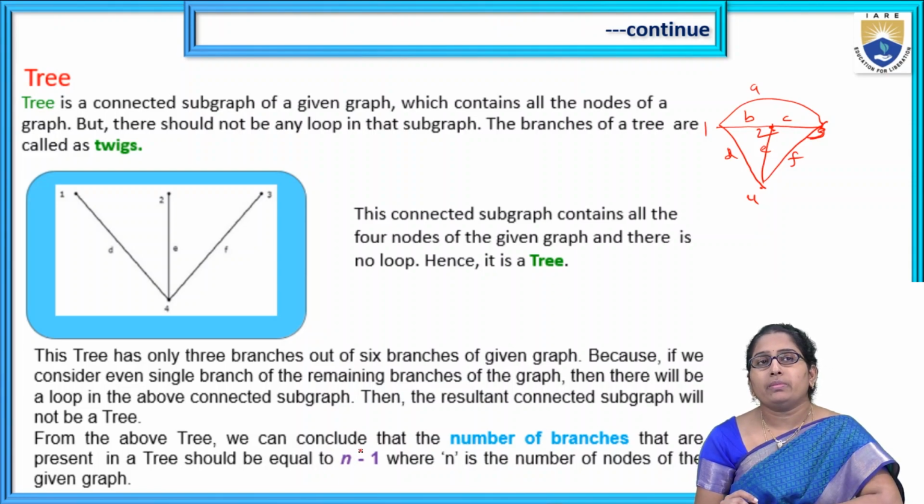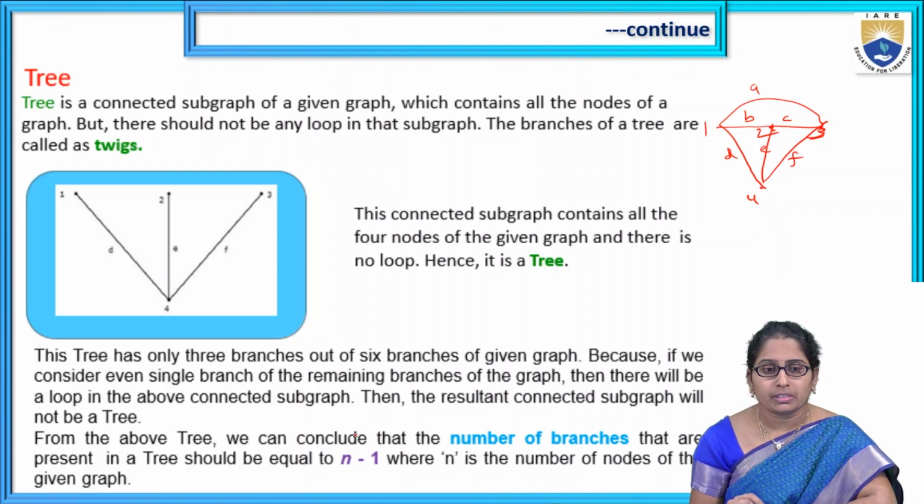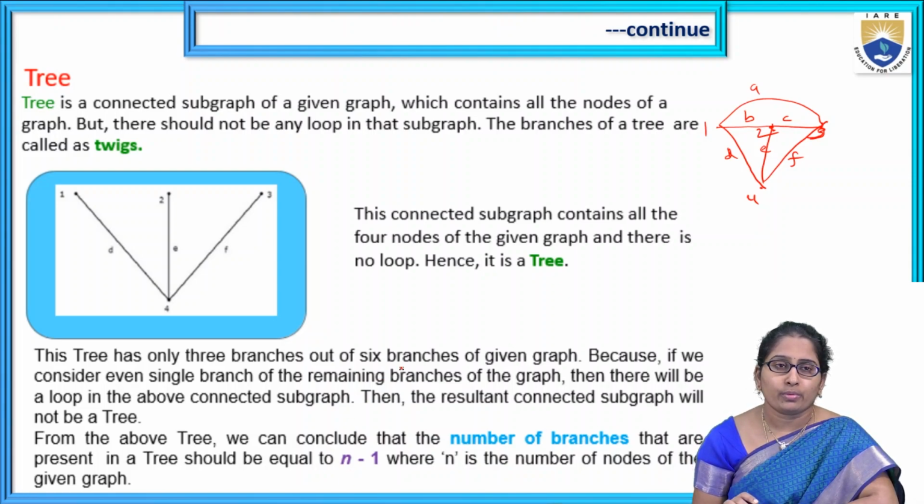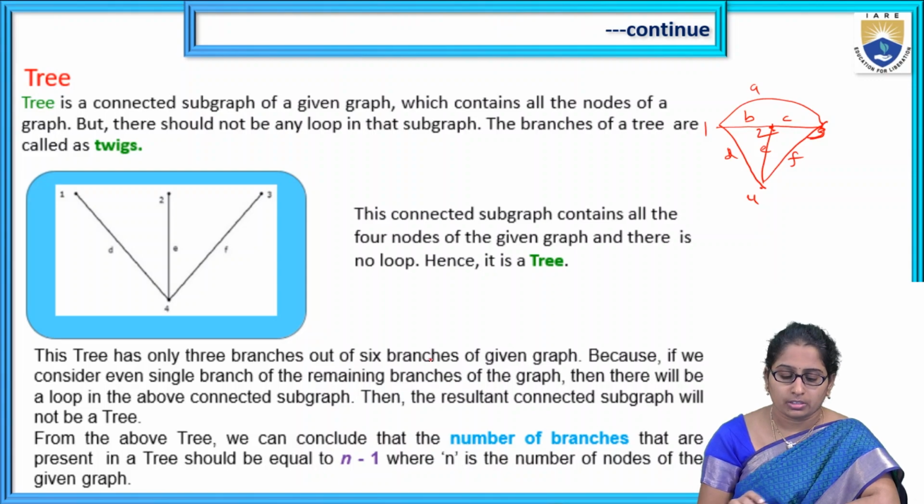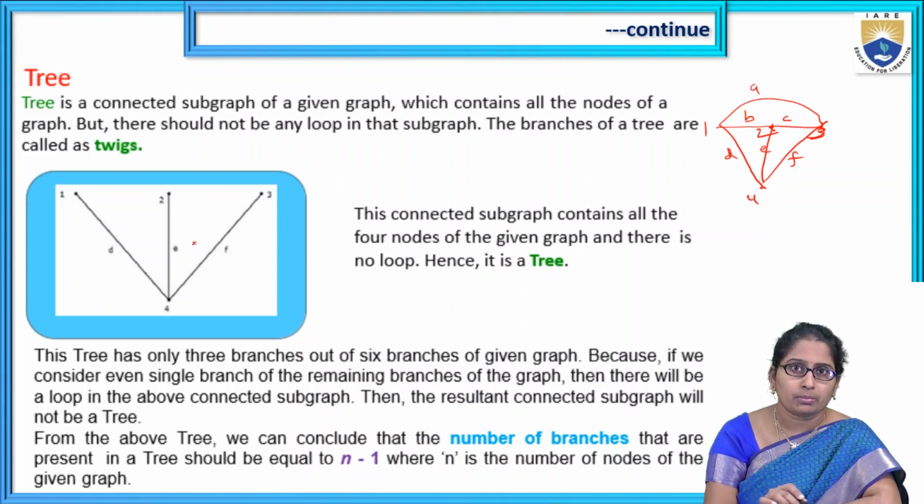So finally, the number of branches present in the tree is equal to n minus 1. In this graph we have 4 nodes. That's why the number of branches in the tree is given by 4 minus 1, which is equal to 3. So it is satisfied. You can see only 3 branches.